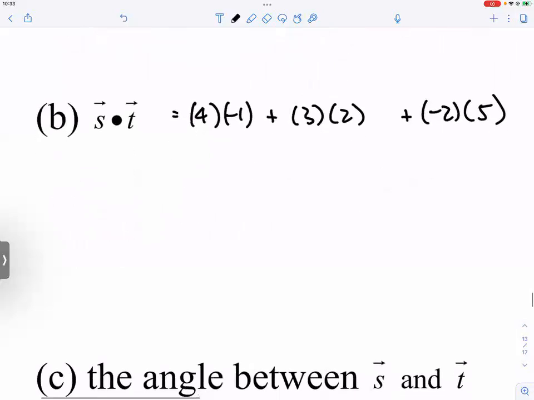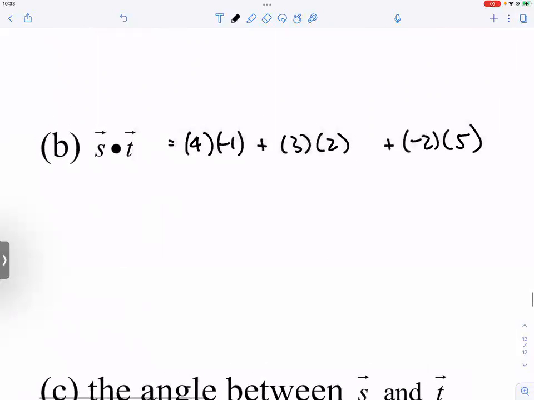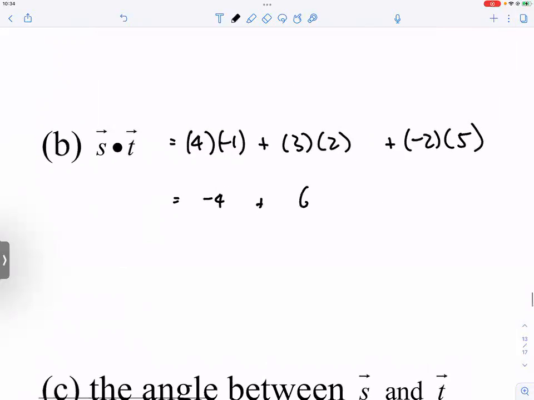However, what I saw on the last test was this. 4 times negative 1, well, you know it's negative 4, so that's not too big of a problem. It's very strange that the problem comes in when you have 3 and 2 right next to each other. People started writing 5, where it should be 6.